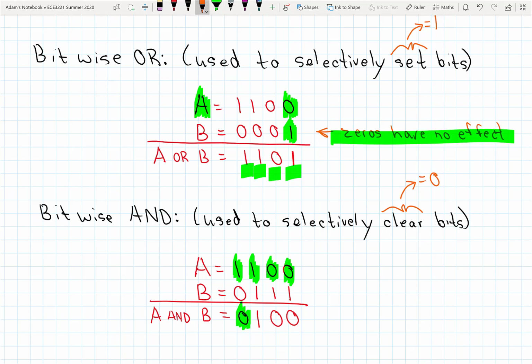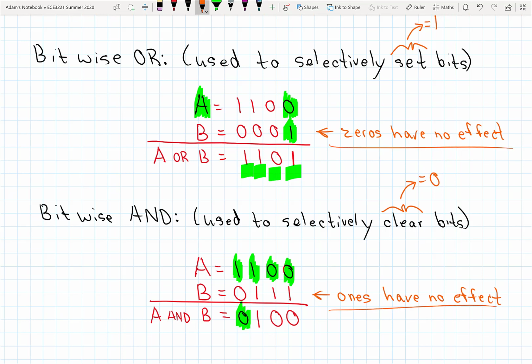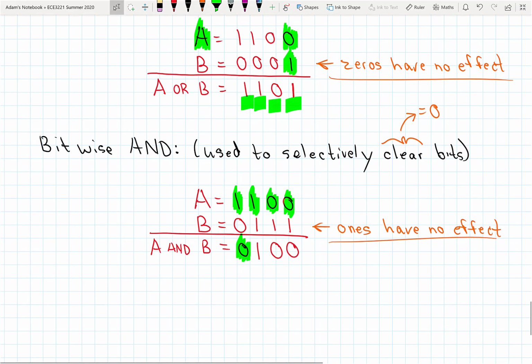I'll also have you note that in an AND operation, the 1s have no effect. Where in the OR operation, we said that the zeros have no effect, and with the AND operation, the 1s have no effect on the output.